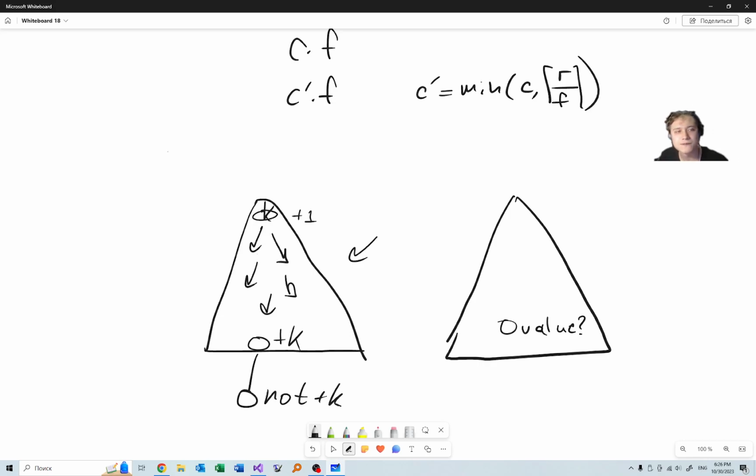Okay, I believe I know what to do. There are two ideas. The first idea is we need to go from the end to the beginning. We will like undo operations, starting from the finishing tree.